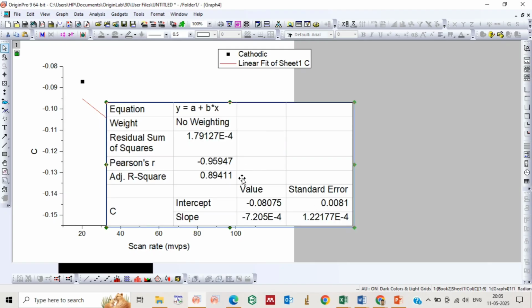So here we get an R square value of 0.89 for the cathodic current density.